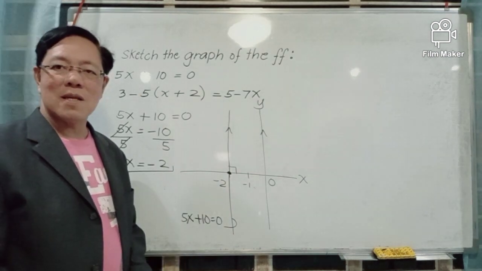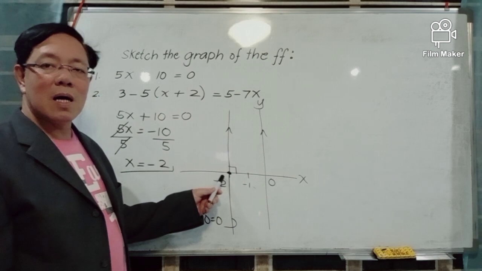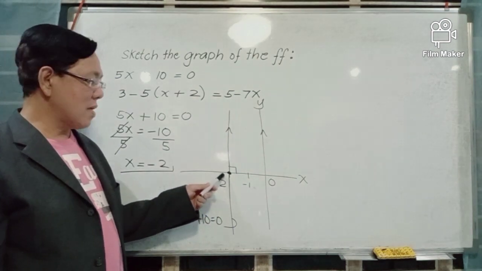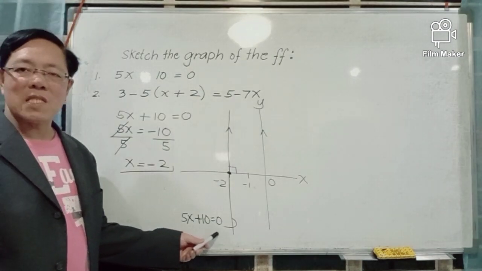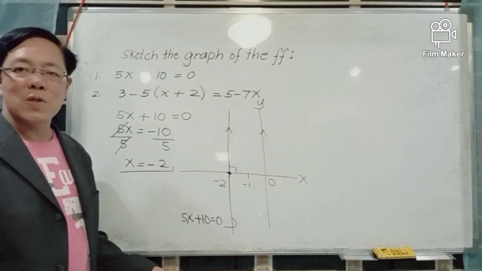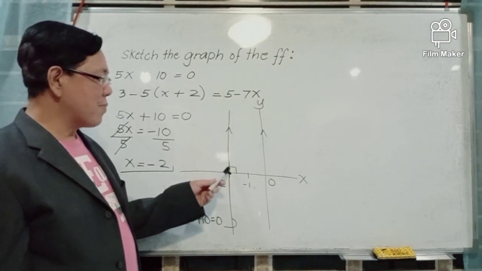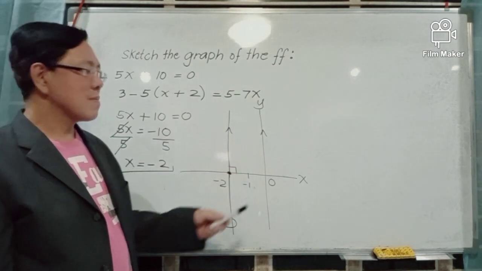The graph is a vertical line passing through a point in the x-axis, which represents the solution of this linear equation 5x plus 10 equals 0 if you would solve it. And the graph is a vertical line perpendicular with the x-axis and parallel with the y-axis.